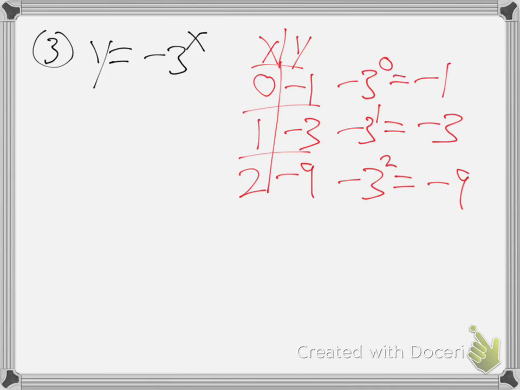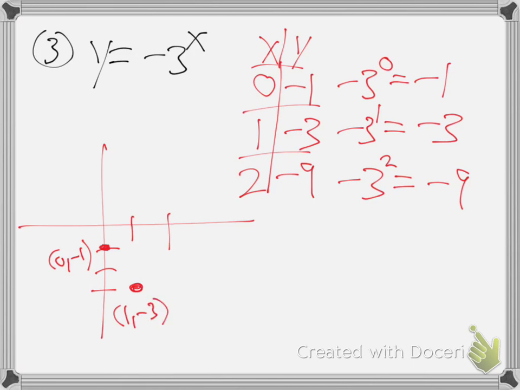And then, so yeah, put those on a graph. So it's going to be over 0, down 1. And then over 1, down 3. And then over 2, it's going to be way down. It's going way down, isn't it?